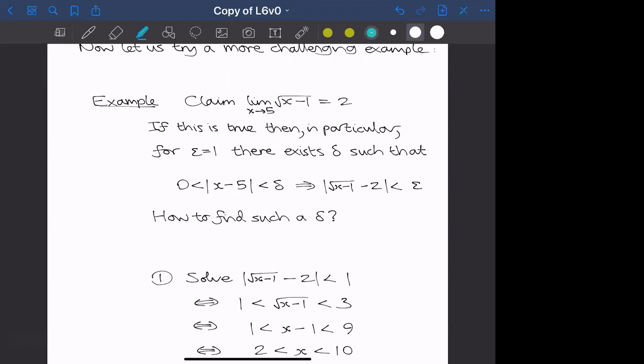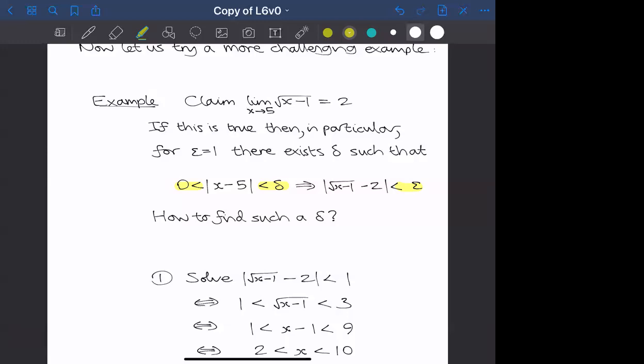We claim there exists a delta such that if the distance of x from 5 is less than delta, but the distance is greater than 0, then the distance of the value square root of x minus 1 from 2 is less than epsilon. So how to find such a delta?